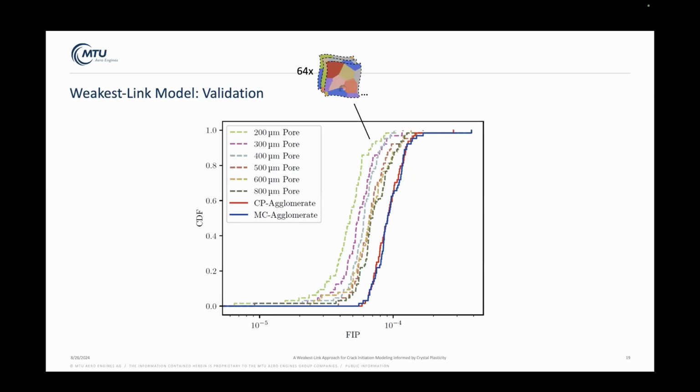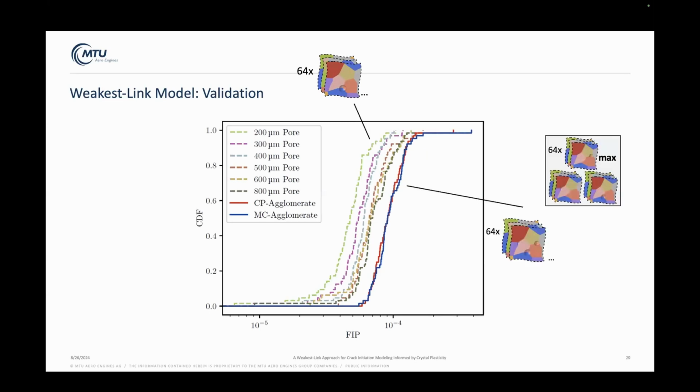The dotted lines indicate the results acquired by CP of single pores, and the solid lines are the distributions that we get for pore agglomerates. With the red line, the pore agglomerate is explicitly modeled using crystal plasticity, and the blue line is the proposed approach applied to the single pore values.